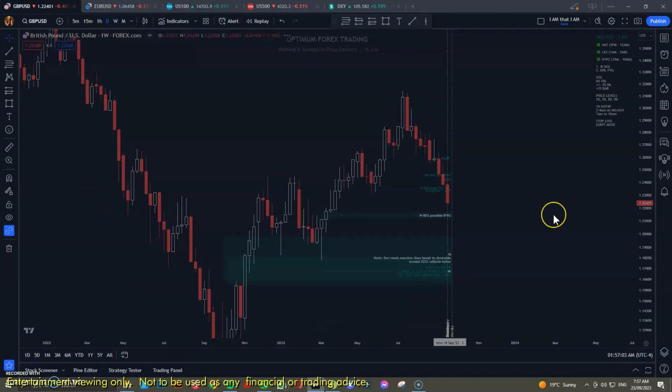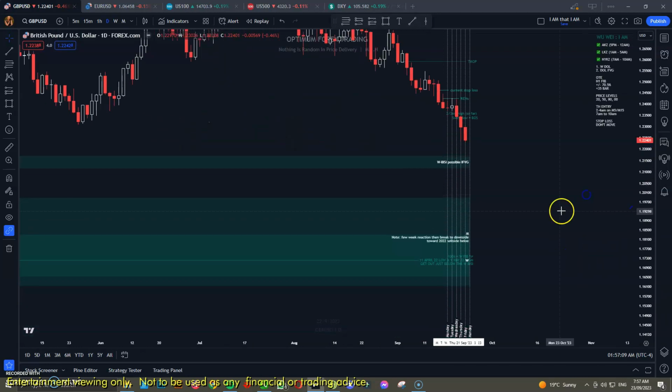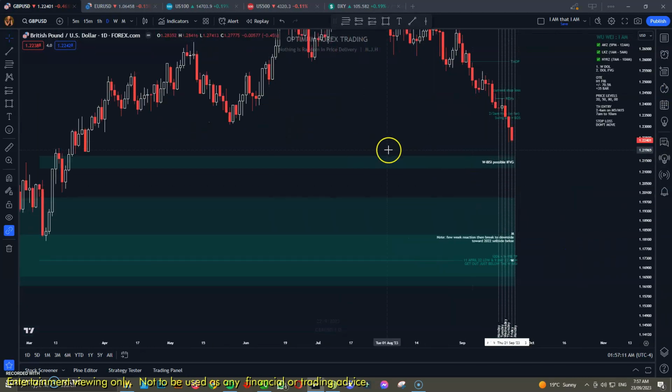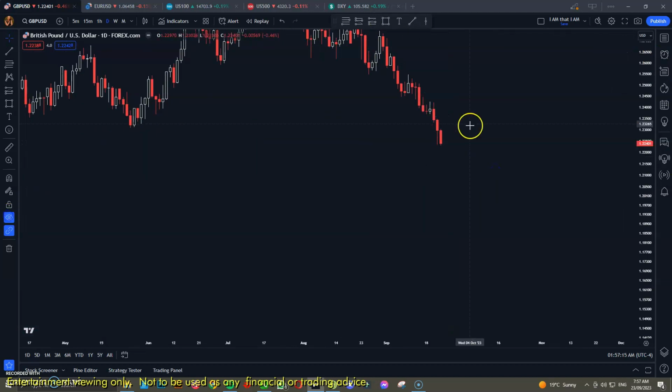All right, and then looking at the daily time frame. Yes, I'm just looking at this price action again. If you look at Thursday's price action and Friday's price action, it didn't create a gap between price here.